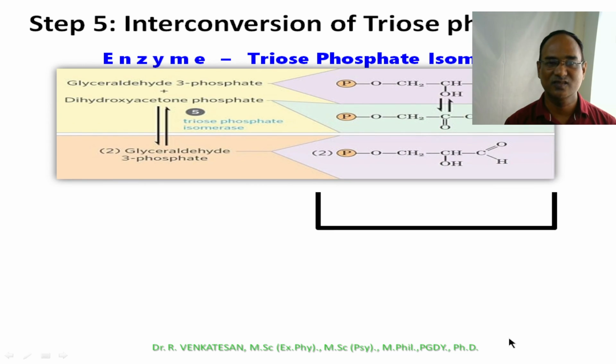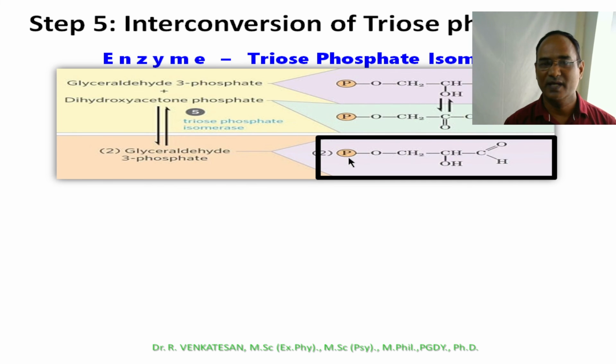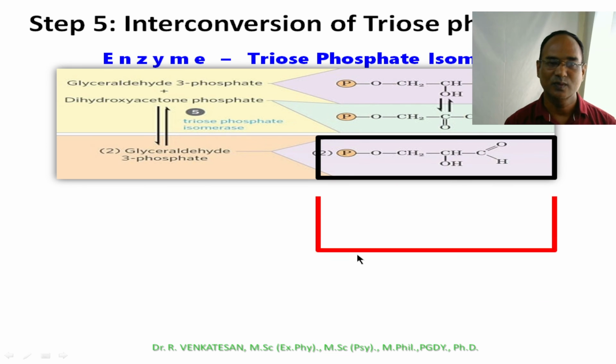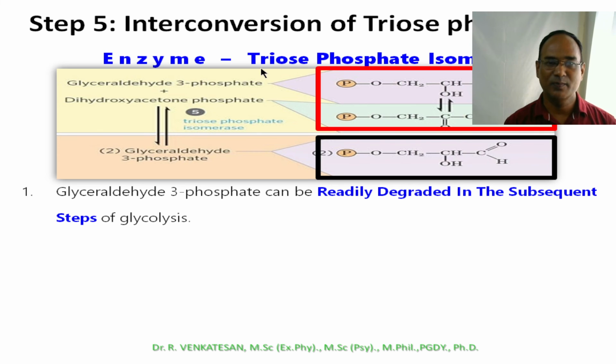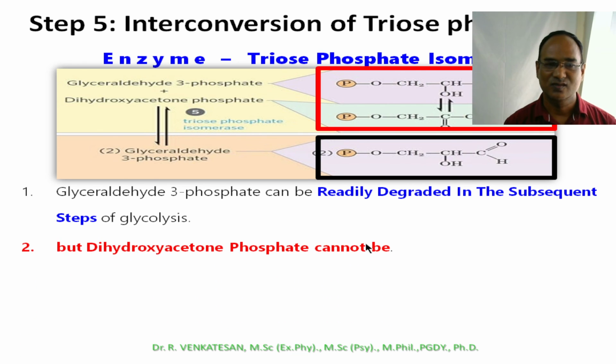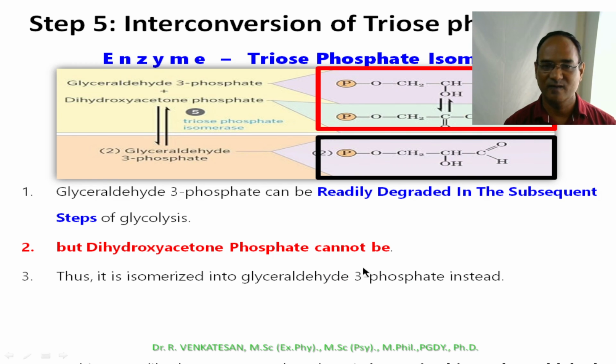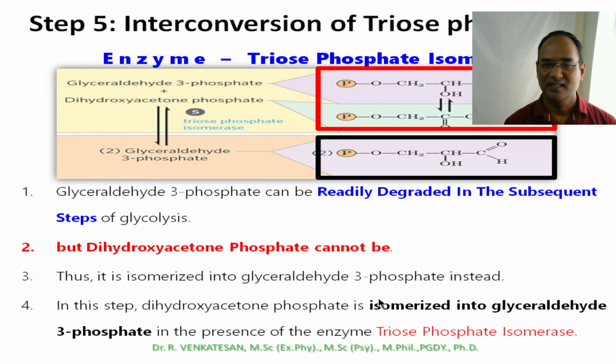In this phase, you can see one phosphate on the other carbon combining with glyceraldehyde 3-phosphate, whereas dihydroxyacetone phosphate, with two phosphates on the other carbon atom, will form two triose phosphates with the help of triose phosphate isomerase. This is the last stage of the energy investment phase. Triose phosphate isomerase is a very essential enzyme. If there is any disturbance in this process, definitely there will be no energy conservation phase.